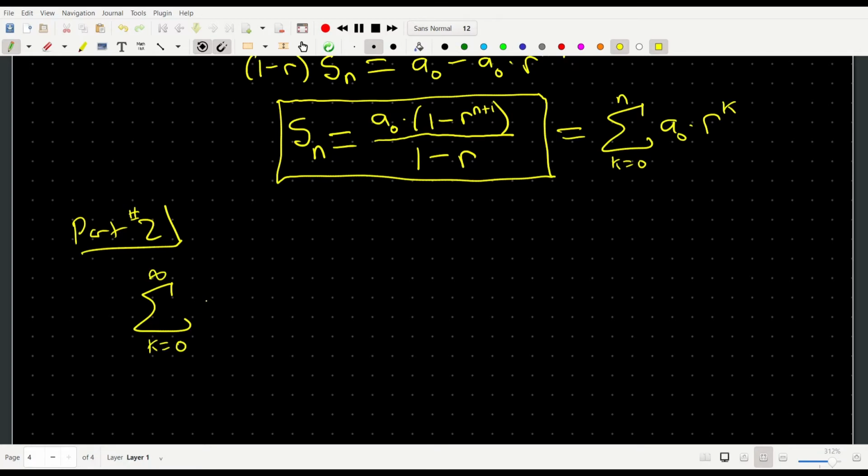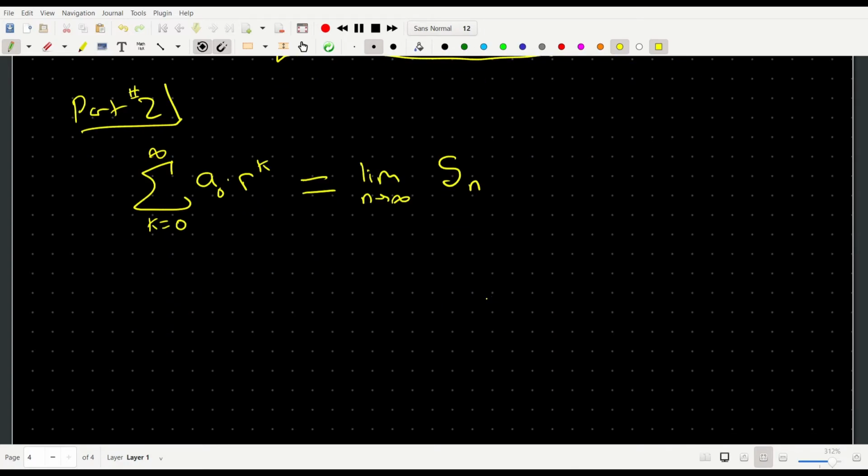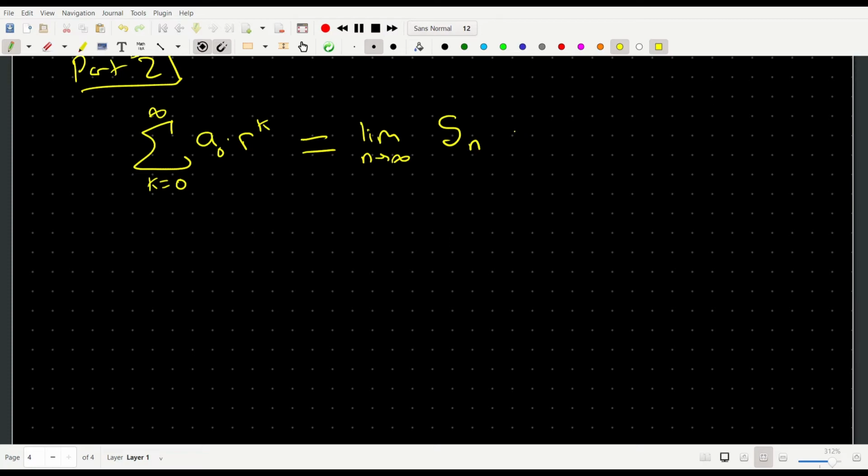This infinite series of a naught times r to the k, our infinite geometric series, is the same thing as the limit as n goes to infinity of the nth partial sum, which is a finite series. We showed this in part 1.